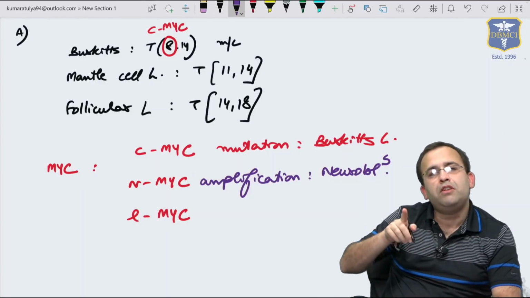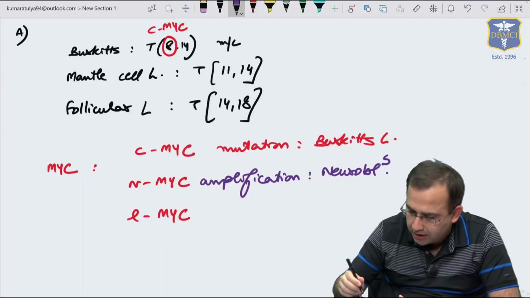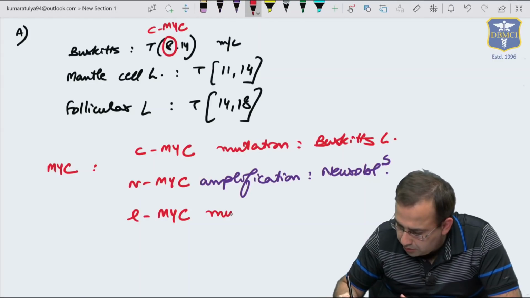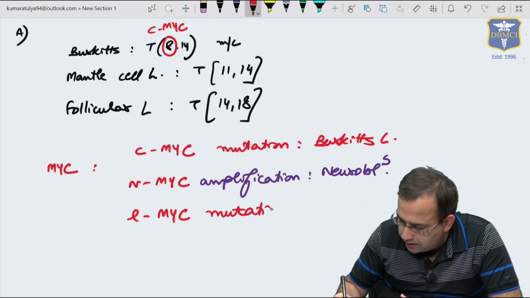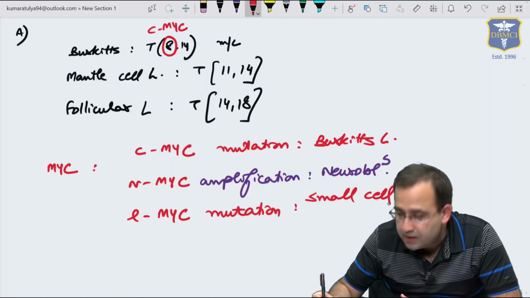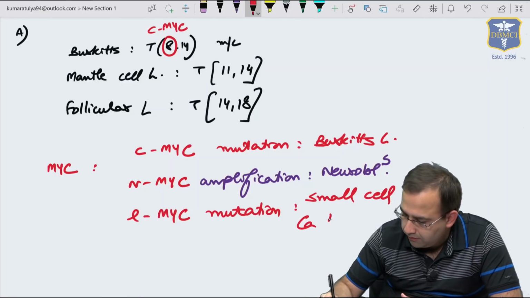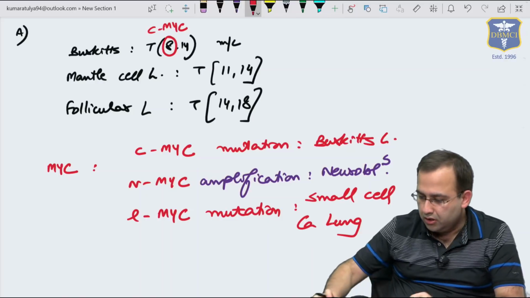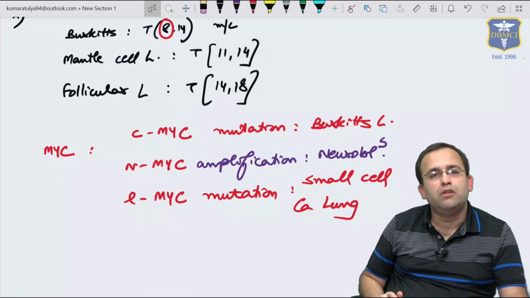Please note, c-MYC was a mutation, n-MYC is an amplification, whereas l-MYC is again a mutation, associated with small cell carcinoma lung. So these were the MYCs.